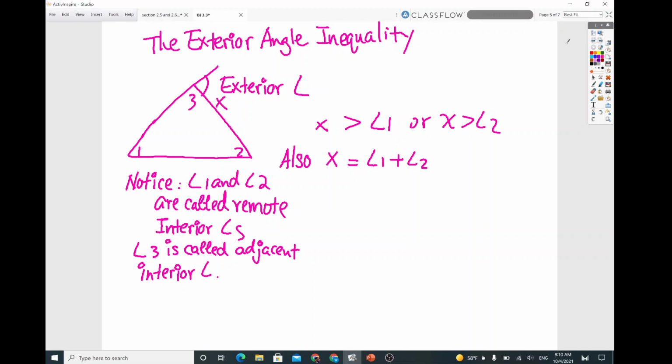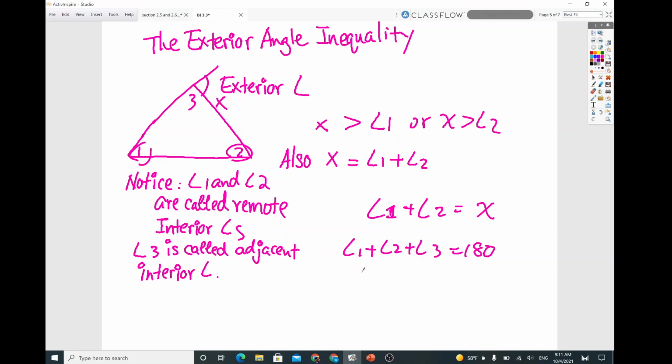Here is another definition. We know the exterior angle is the sum of angle 1 plus angle 2, the non-remote interior angles. Once you combine them, that would be angle X. Here's the reason why: angle 1 plus angle 2 plus angle 3 equals 180 degrees, because that's the sum of the angles of a triangle.